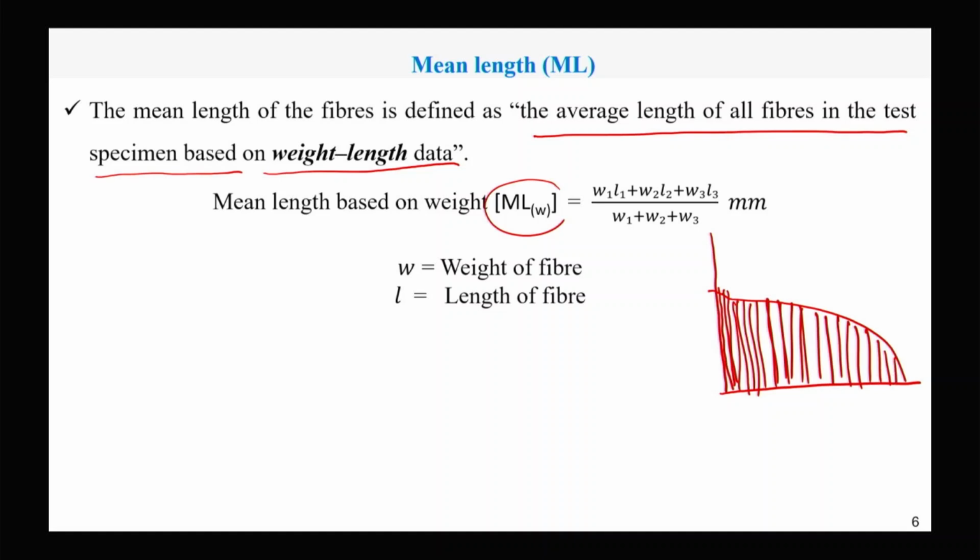And what we are doing, we are at different classes. This is a longer length, this length class is say L1, and then we take the mass of the fiber W1.